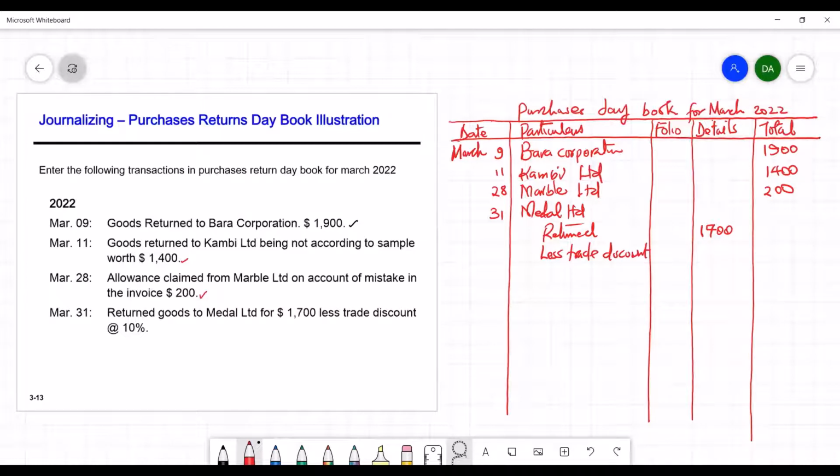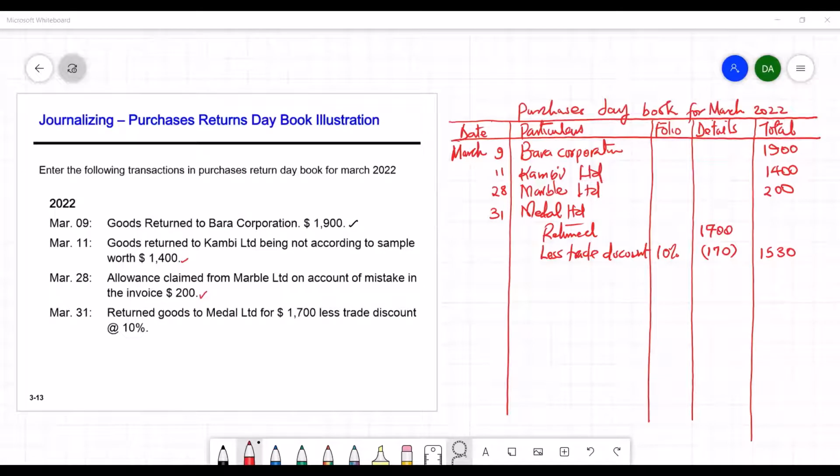So it is 10% of the goods returned, which is 170. Now we subtract 170 from 1,700 and we have 1,530.